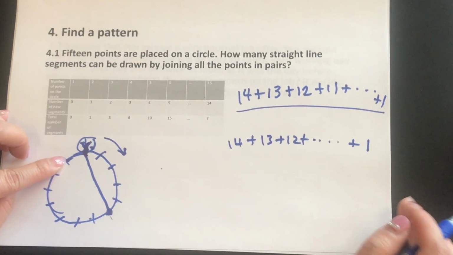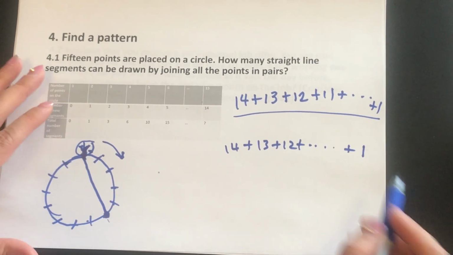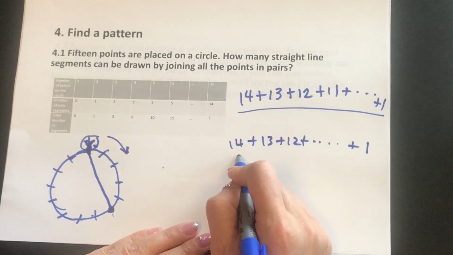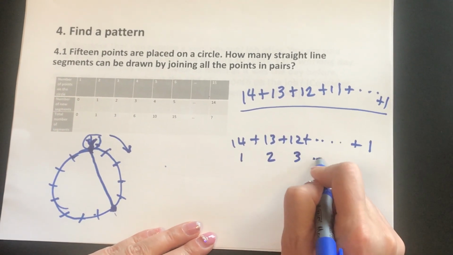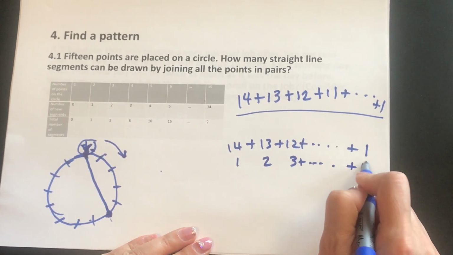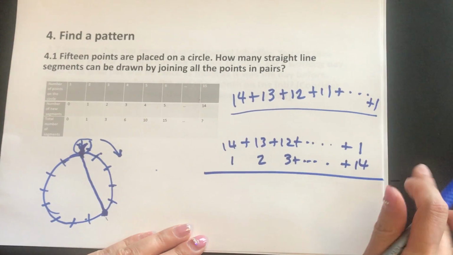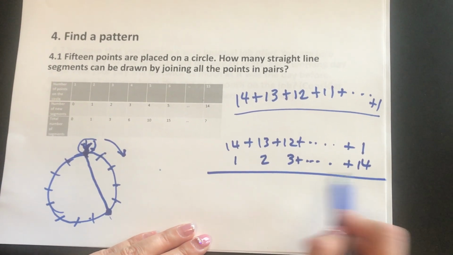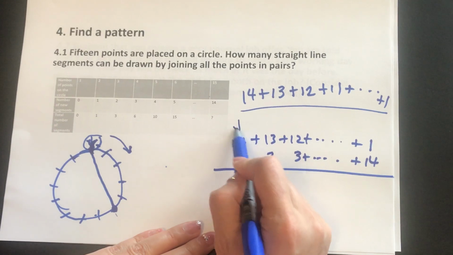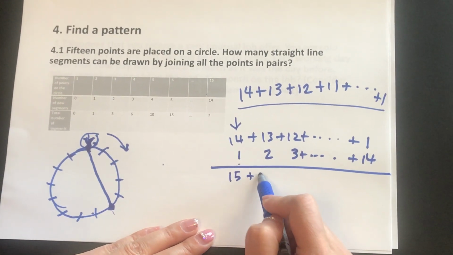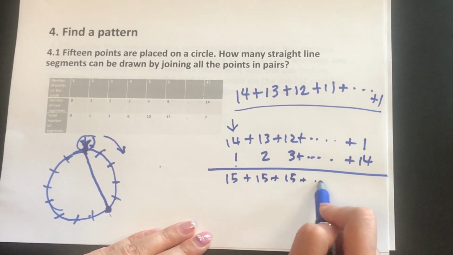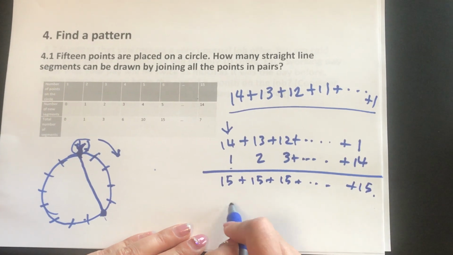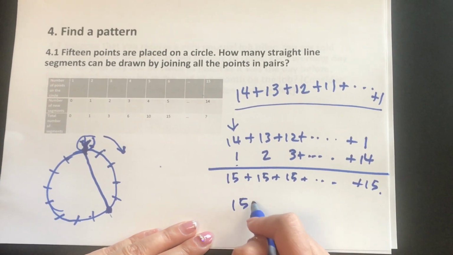For lower grade students, we want to introduce a different way to add this up. We can reverse this sequence to be 1, 2, 3, all the way to 14. We can see that now we have how many pairs? We have 14 pairs, and each pair is a 15. So each pair is a 15.